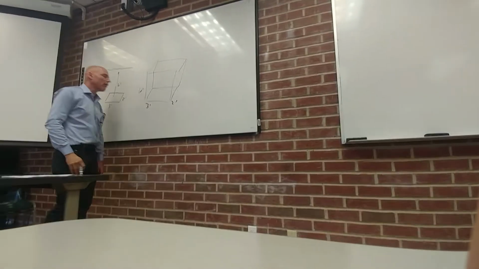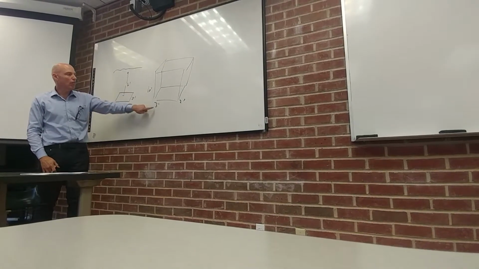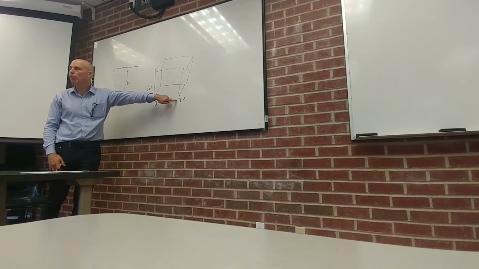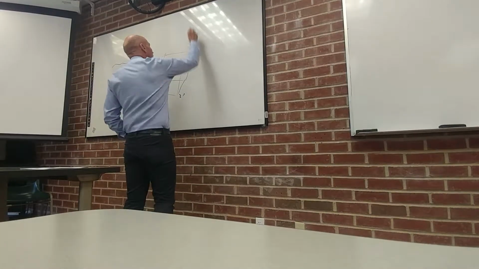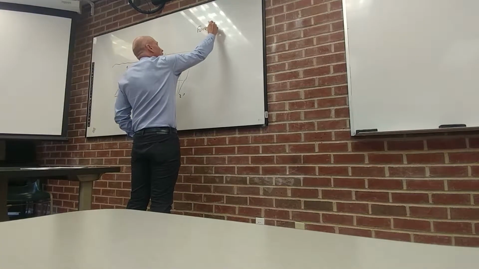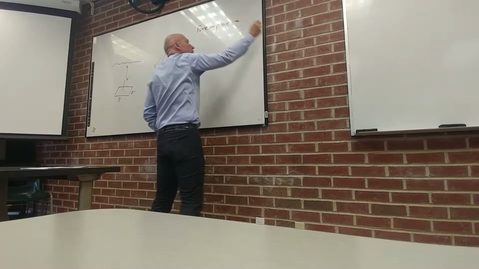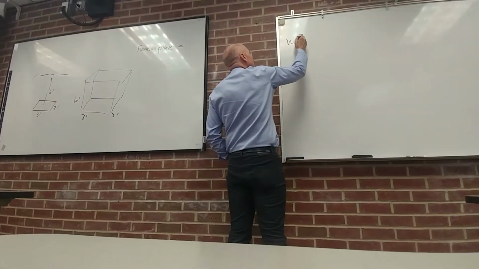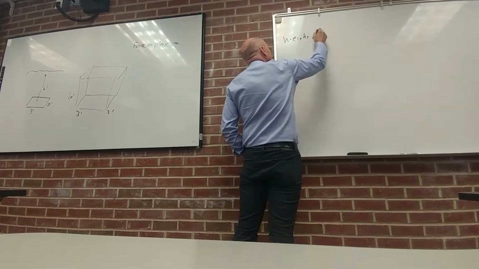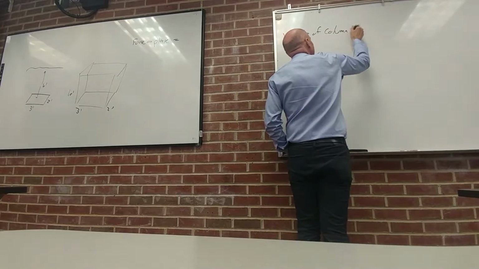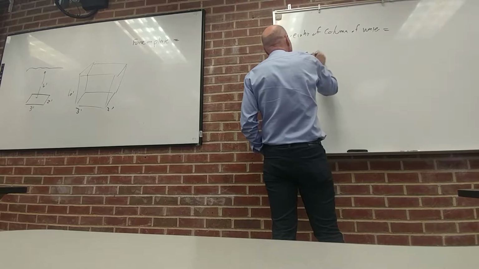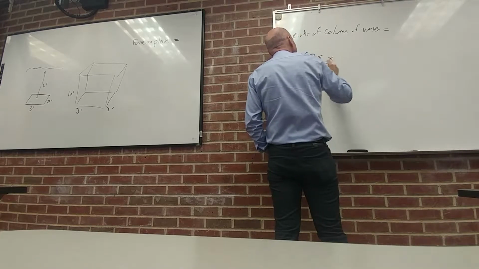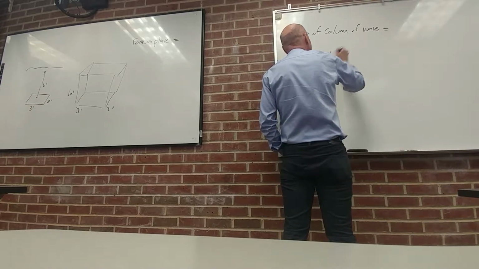That column of water is 10 feet by 3 feet by 2 feet. The force on the plate is equal to the weight of the water. Let's do units here.